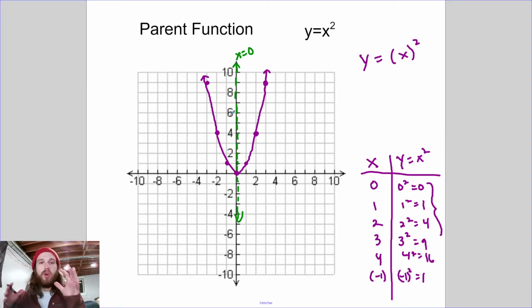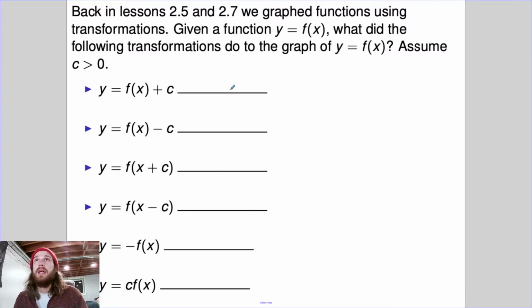Now, every drawing that we do today is going to be this graph, except transformed. So let's do a quick refresher on those transformations. Remember, generally speaking, and this was from section 1.2, when we were transforming, anytime we added something outside of the function, that means after the square, we would shift this up c.